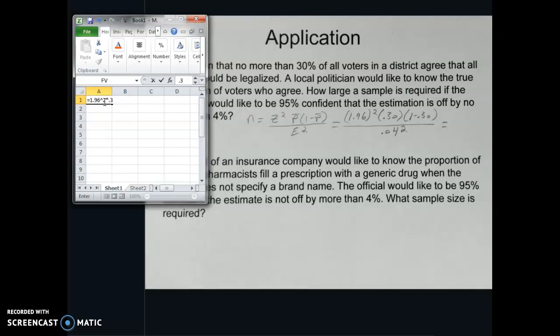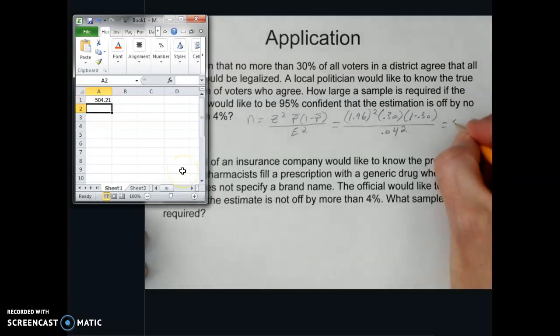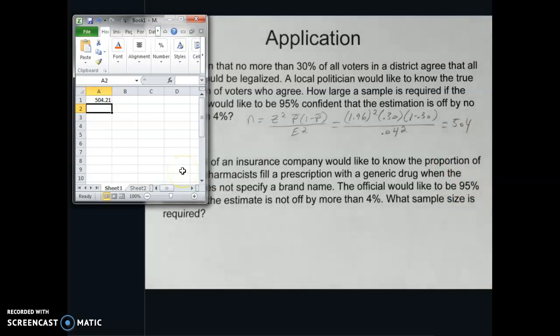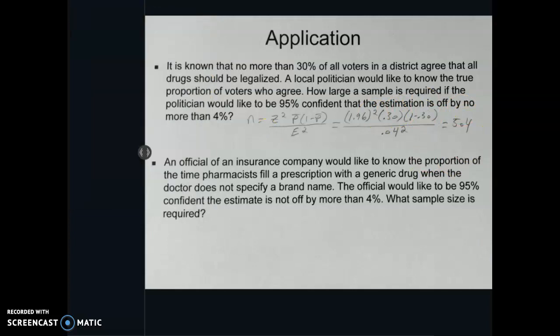And we're going to multiply that by 0.7, right? Because 1 minus 0.3 is 0.7. Then we're going to divide this whole thing by 0.04 squared. Looks good. And the answer that we get is 504. So we would need to collect 504 people for this sample.